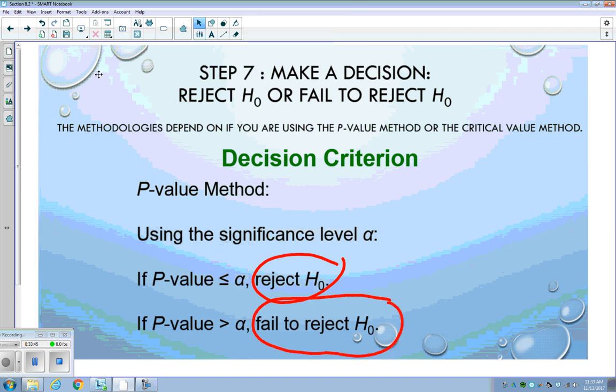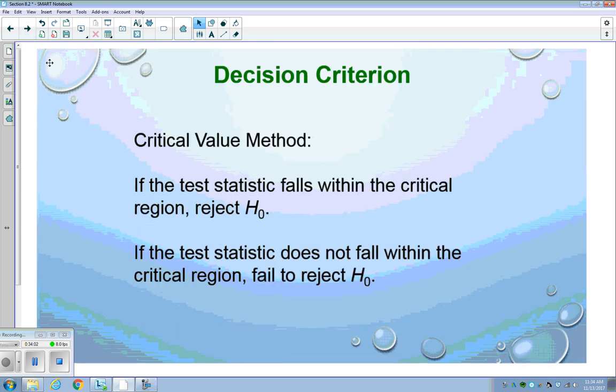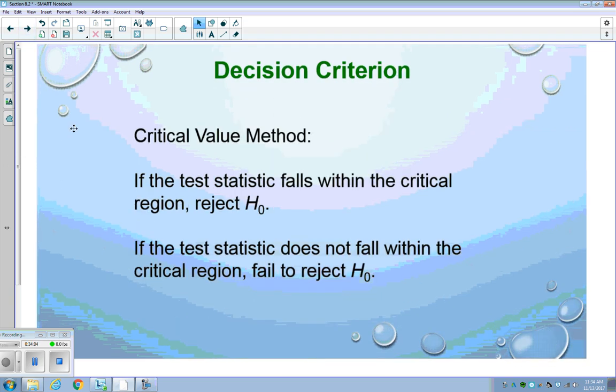We are not proving anything again. This is not a test to prove. It is a test to reject or fail to reject the null hypothesis. And that's all we can come out and say. So it's all going to depend on whether it falls into that critical region or on our p-value.